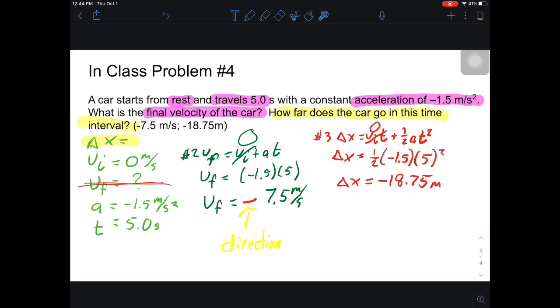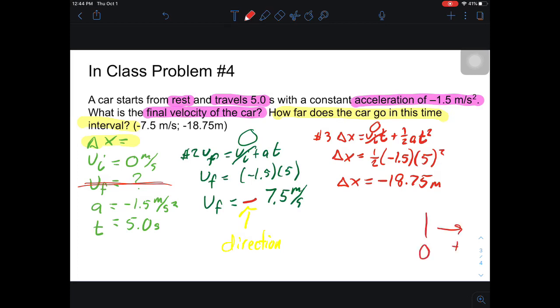All right. So when you plug in all your numbers, remember your initial velocity is 0, so 0 times t is 0. Then you can plug in all these other numbers. I want to draw your attention to that value right there. It's a negative displacement. What that means is we started here at 0 meters.